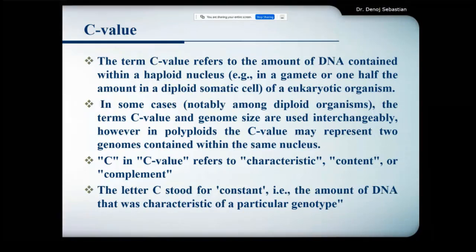Anyway, the letter C stood for constant, the amount of DNA that is characteristic of a particular genotype. So finally we can conclude that it is a constant value applicable for a particular cell type, so it may not change.